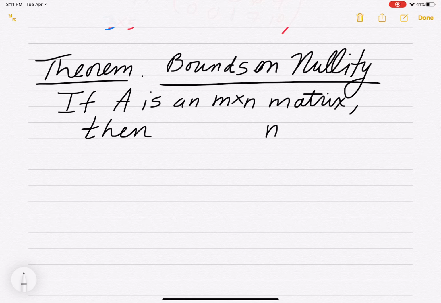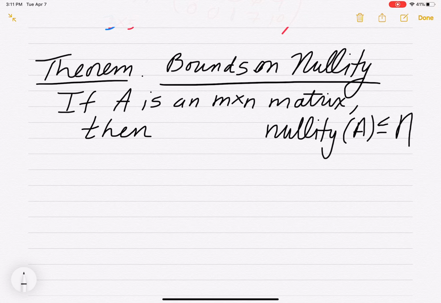the nullity is bounded above by, think about it for a second, what's the most number of non-pivot columns you could have? All of them could be non-pivots, right? If you had columns full of all zeros, at most you could have n columns that are non-pivot.